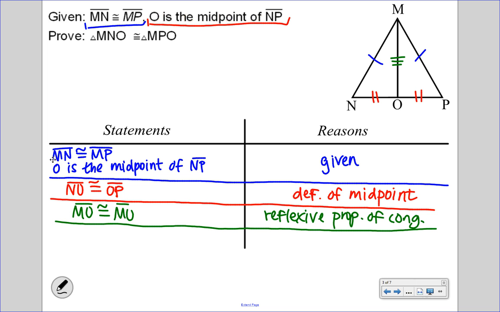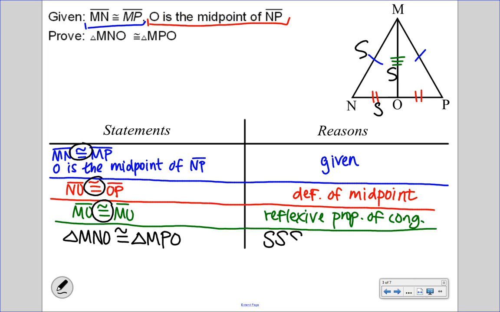We now have 3 congruency statements, so we can label our picture with our S's and our A's, and this is going to be a side, side, side. So now we're ready to write our proof down. Triangle MNO is congruent to triangle MPO, and that's because of side, side, side.